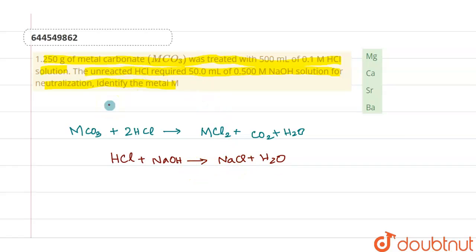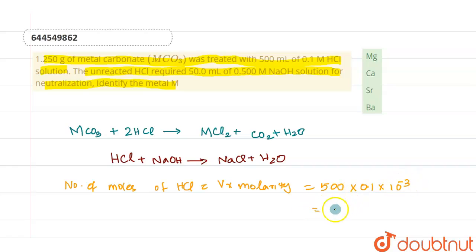Initially we have been given 500 milliliter of 0.1 molar HCl. So we can calculate the number of moles of HCl. Number of moles of HCl is equal to volume into molarity, which is 500 into 0.1, and volume should be in liters, so into 10 to the power minus 3.